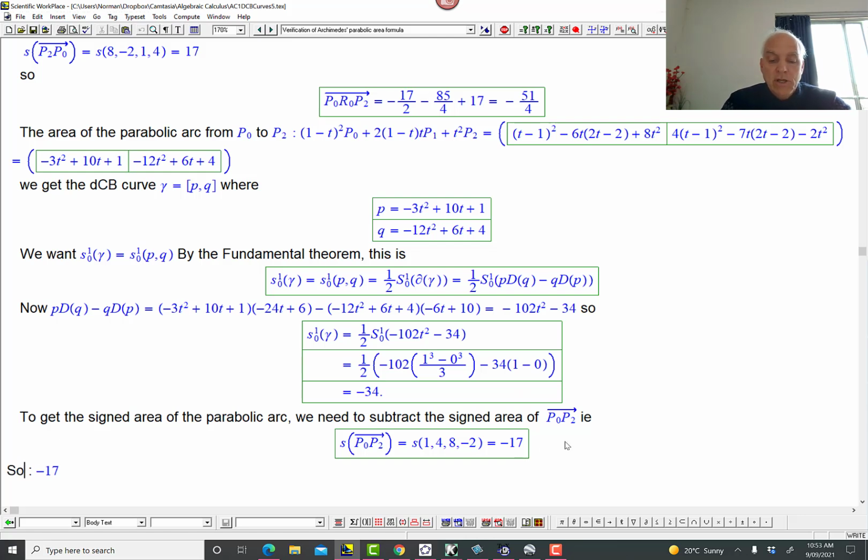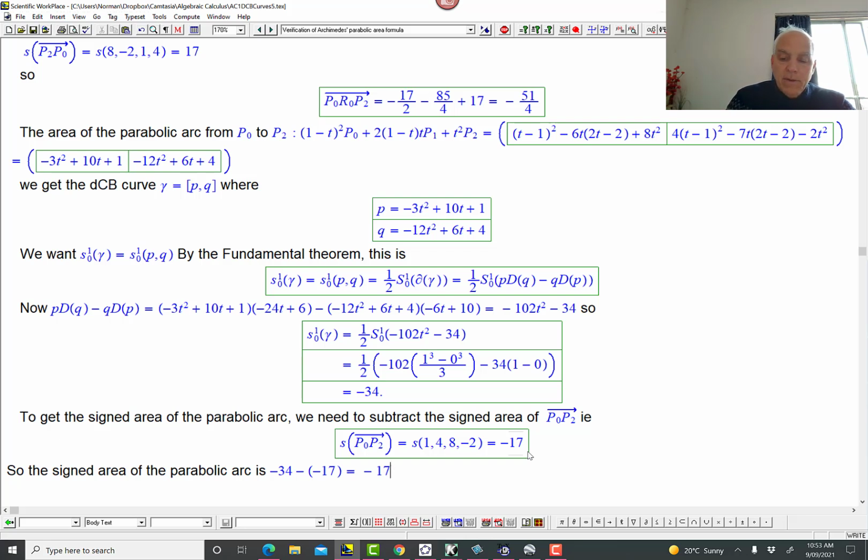So, conclusion. The signed area of the parabolic arc is, in summary, minus 34, which is the integral. And now we have to subtract this minus 17, for a total of minus 17.